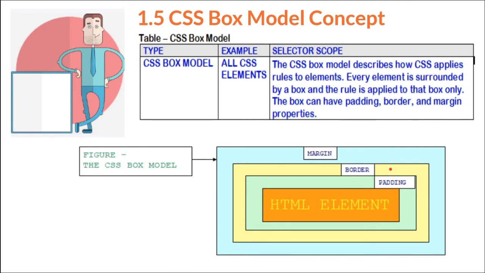Then we have the border, and that can be different sizes and different colors in the CSS styling. And then finally on the outside we have the margin, which again can be different sizes, different widths, and different colors. So that was the CSS box model concept.